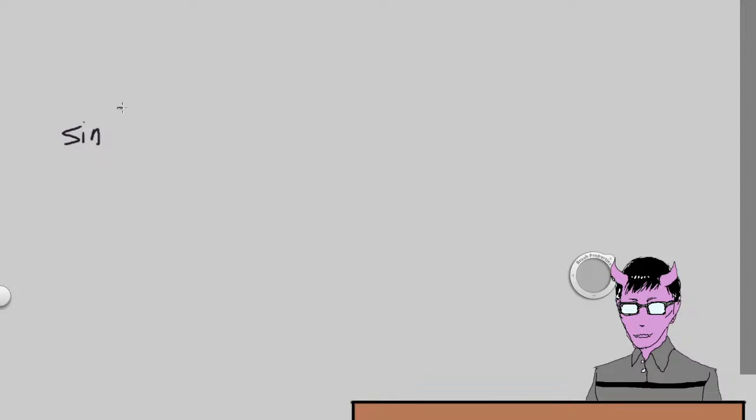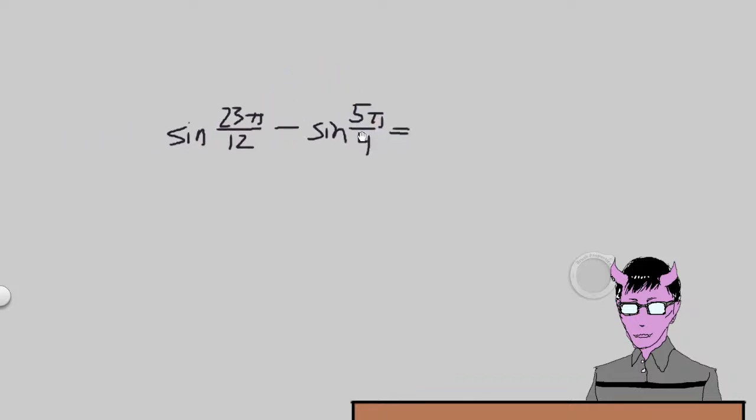Alright, we have sine of 23 pi over 12 and then minus sine 5 pi over 4. So what is this? We can potentially have some sneaking suspicions. This one we could evaluate. This one we could probably split. Honestly, it's probably better to go down this route.